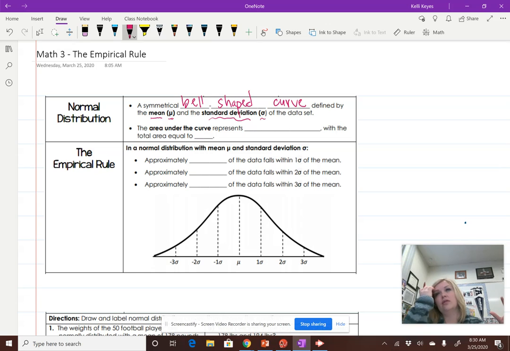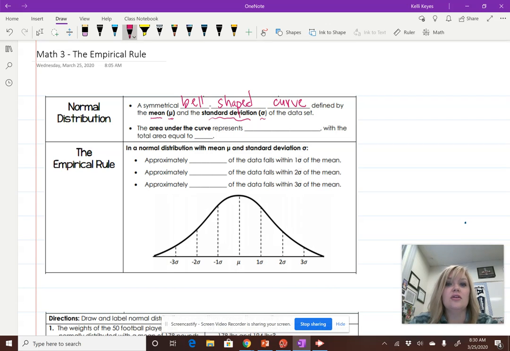So the smaller the SD, the closer they were, or the higher the curve, some of you said. Some of you said it affects the steepness of the curve. Yeah, that works. Anyhow, that's what a normal distribution is defined by, just those 2 things: mean and standard deviation.